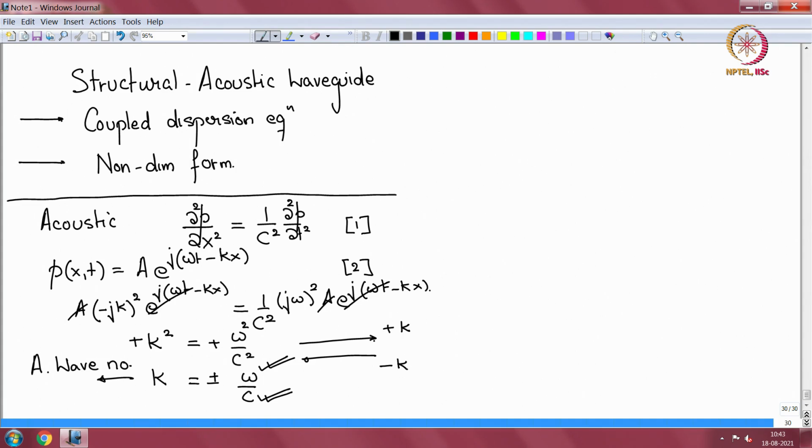Okay. So this is with respect to one dimensional sound wave. And this equation is called the dispersion equation. Wave number given as a function of frequency is called the dispersion equation.